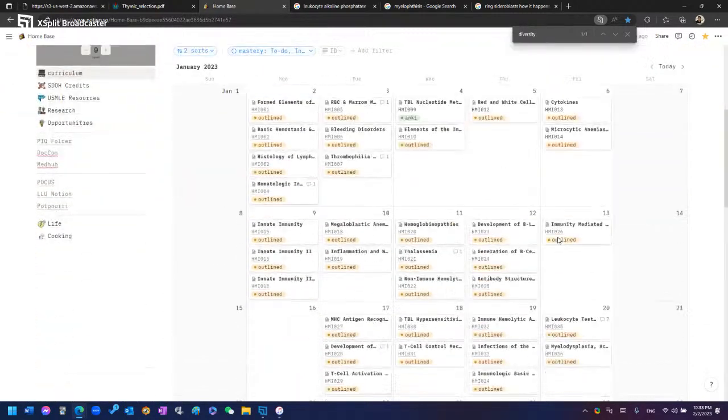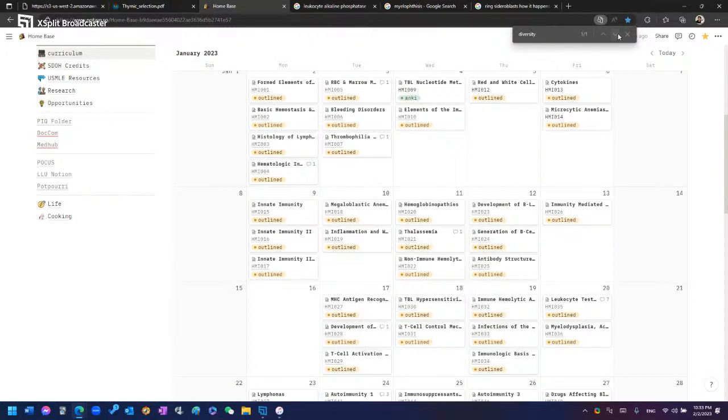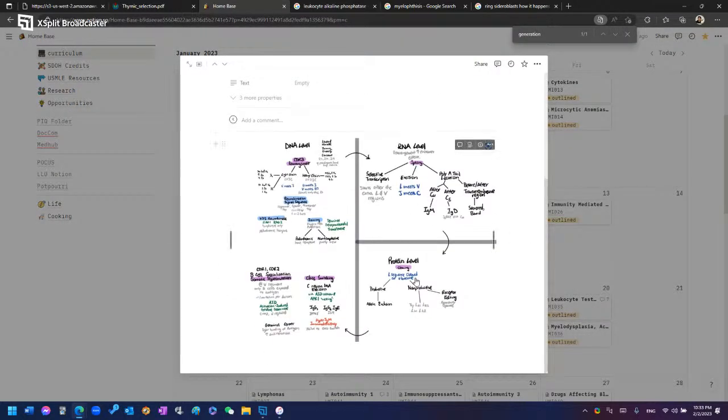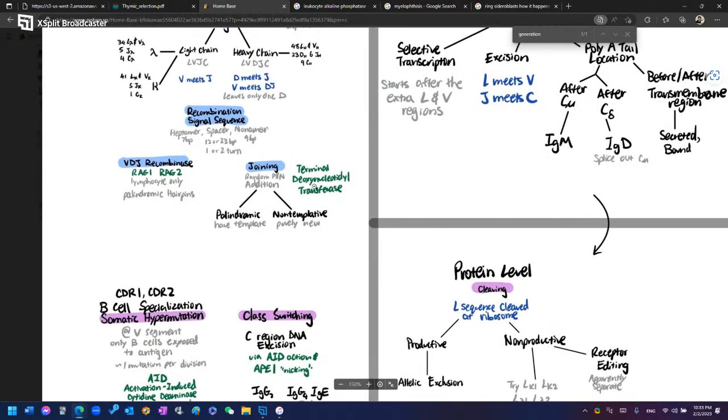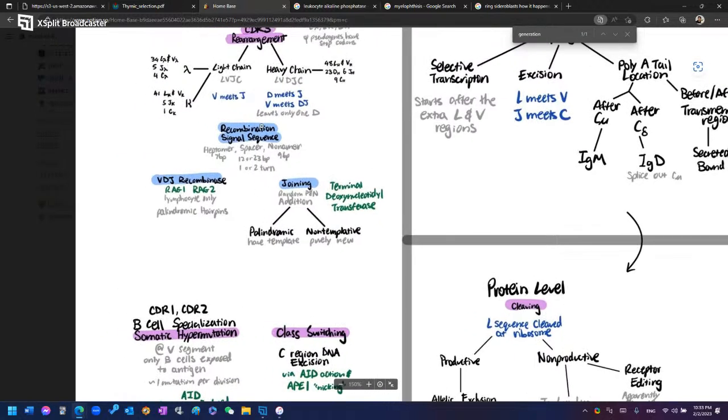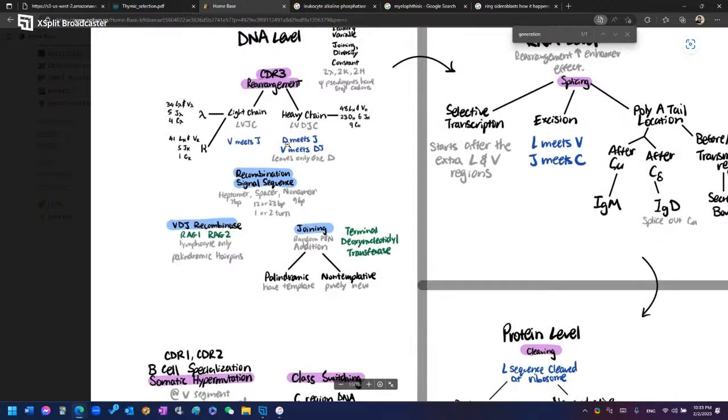Terminal deoxynucleotidyl transferase. Important in combining your VJ, DJ, VD, right?